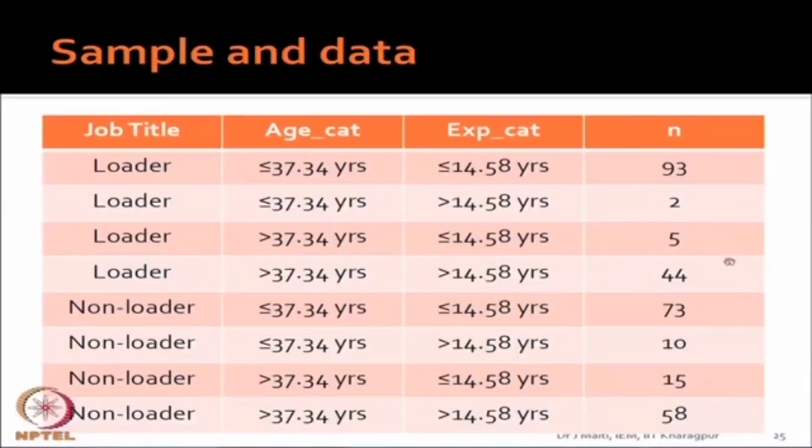Okay. In reality, this is a big problem. When you go for a real study, you will find this type of problem. So, what will be the alternative to avoid this problem? Your study design must be good enough. What do you mean by study design? Before collecting data, you should know your system: for each particular combination, how many people are working. For all combinations, what is the present number of people working.